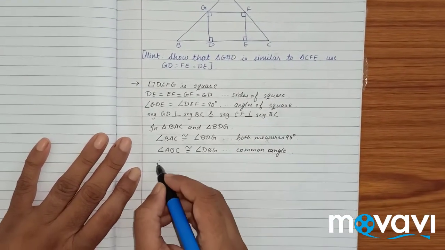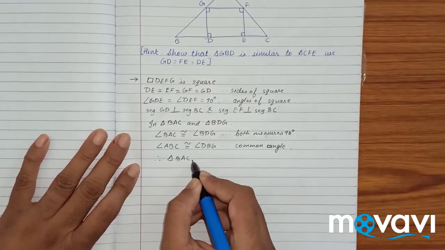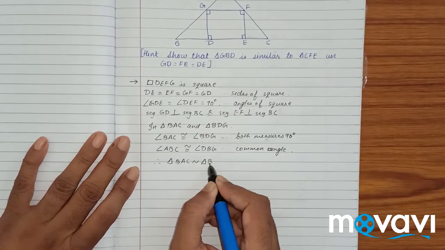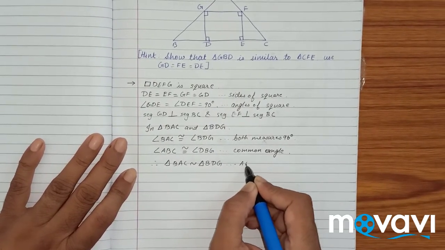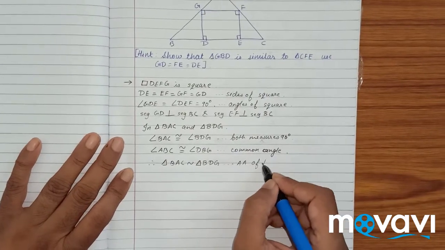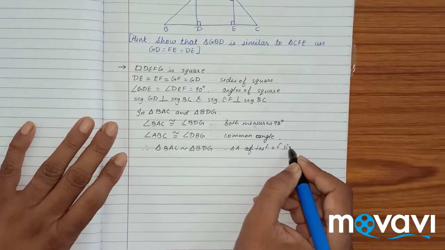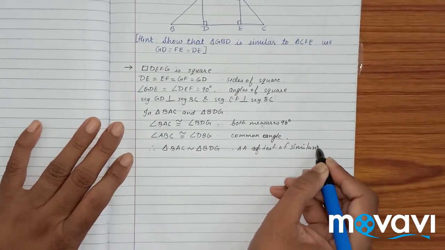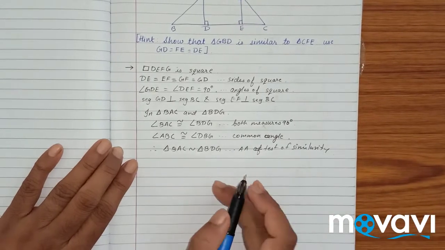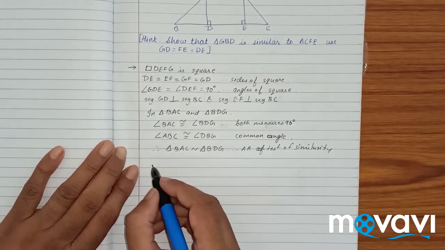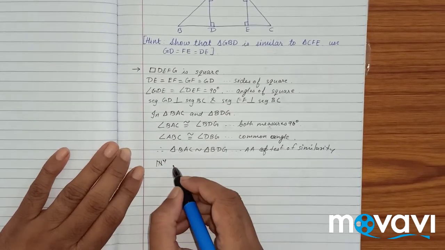Therefore, triangle BAC is similar to triangle BDG by the AA test of similarity. Have you understood this?